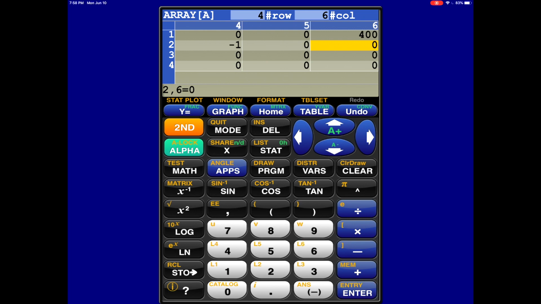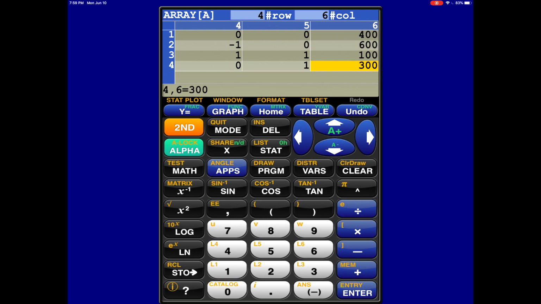And then 600. And then our third row, 0, 0, 0, 1, 1, and then 100. And our last row, 0, 1, 1, 0, 1, 300.